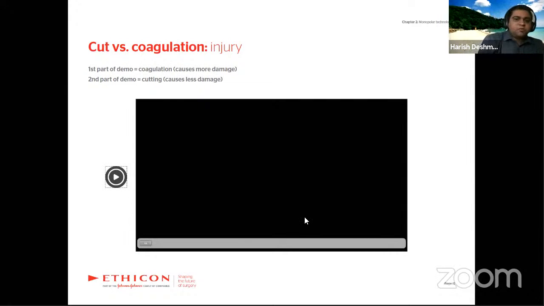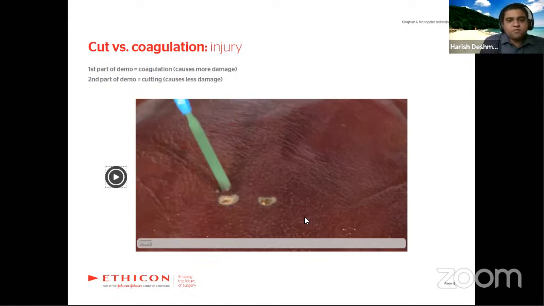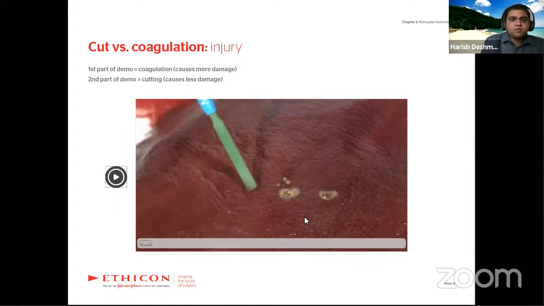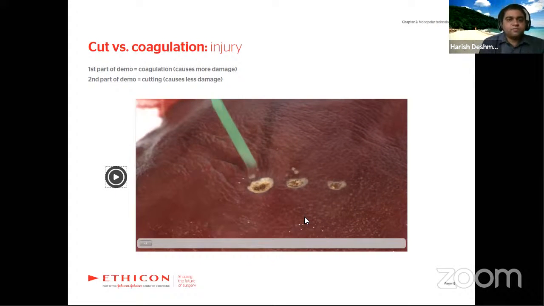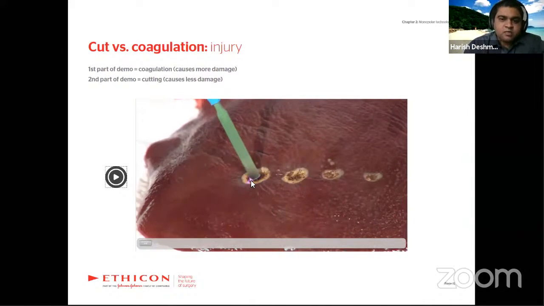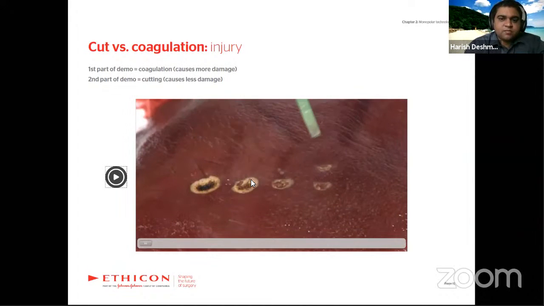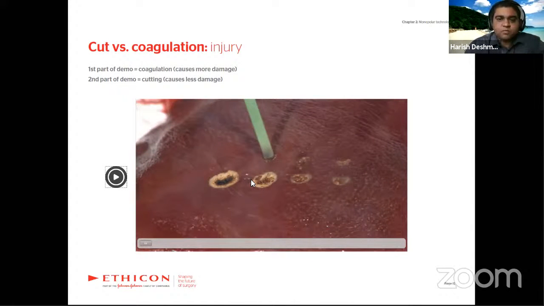So we are using a monopolar cut form here on the liver basically. It's a porcine model of liver. This is where we are using the cut form. If you see here, this was used for 1 second, 2 seconds, 5 seconds. Then the third one, what you're seeing is basically 10 seconds. Now this is coagulation mode.